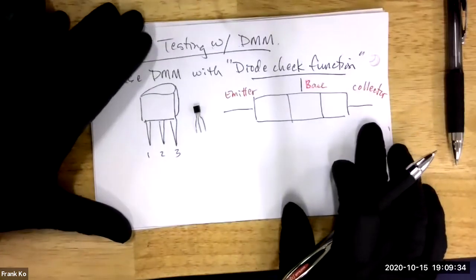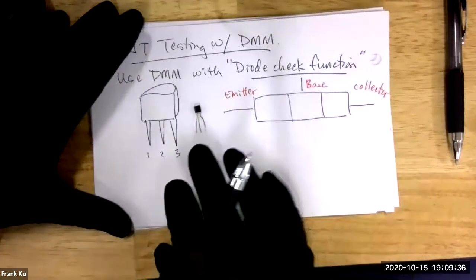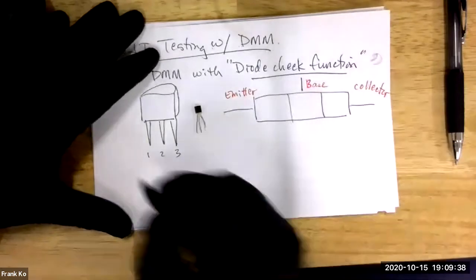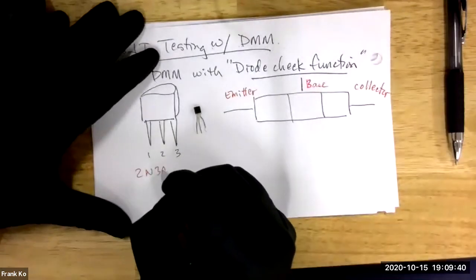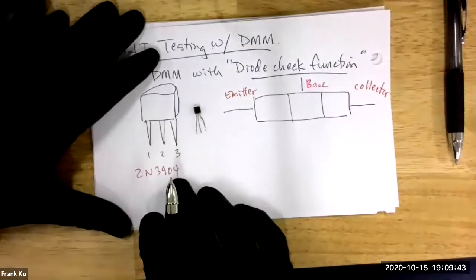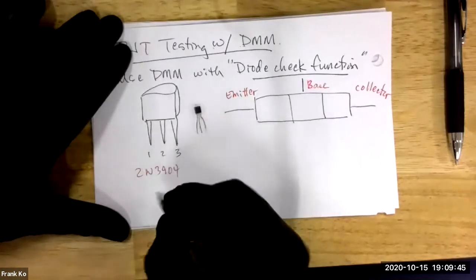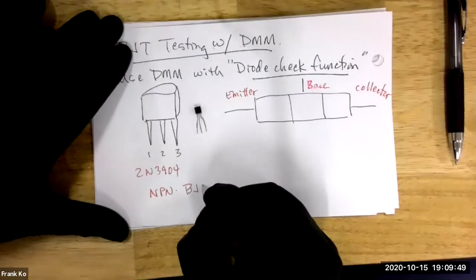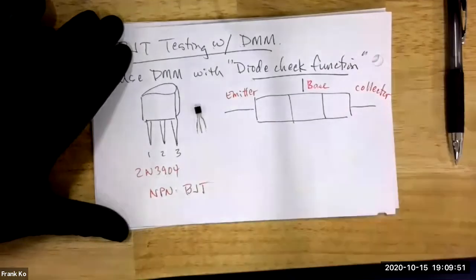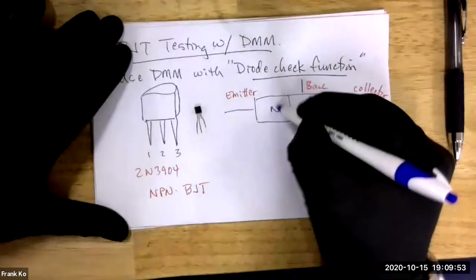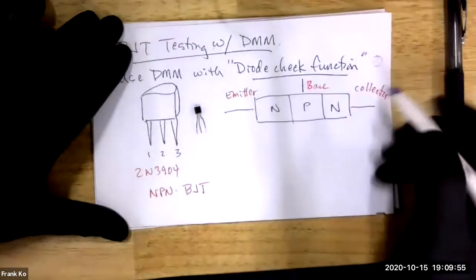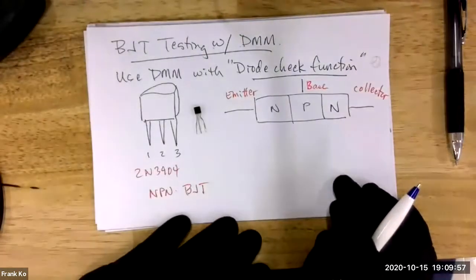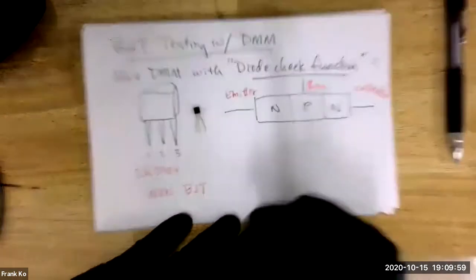So far, so good? When you look up the data sheet for a 3904, so this is a 2N3904, you come to find out that the 3904 is an NPN BJT. So that means we're going to have N material here, P material here, N material here. So guess what?